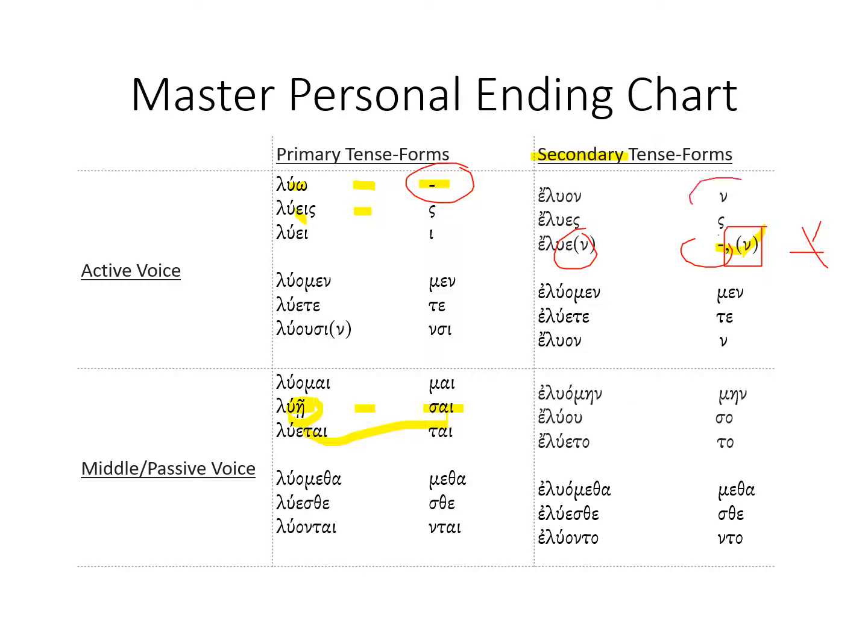Keep in mind, the first singular and third plural are the same, exactly the same, and context is going to determine meaning. If we're just parsing a word, we don't have any context, we need to keep in mind it could be either one of those two. Last note that needs our attention, again, this sai, we have an epsilon here, sigma drops, omicron, epsilon equal omicron upsilon in the contraction.